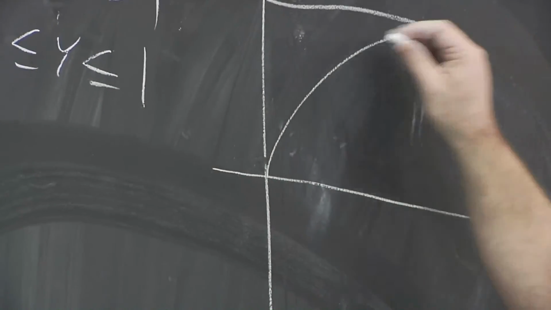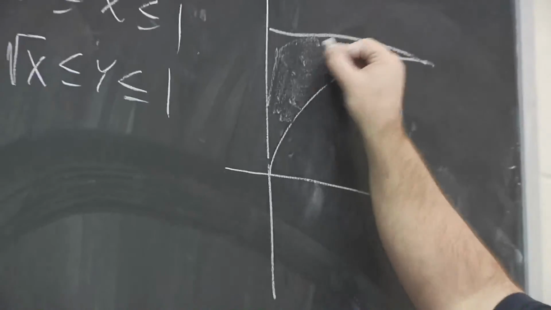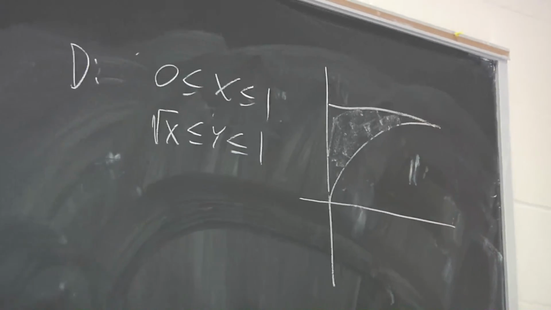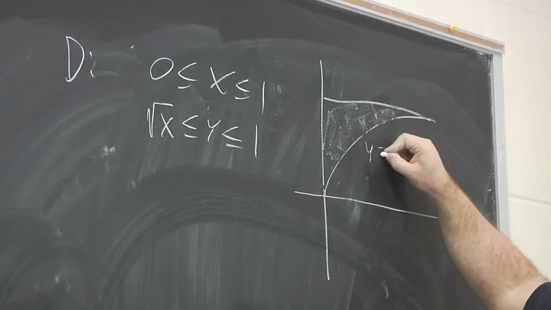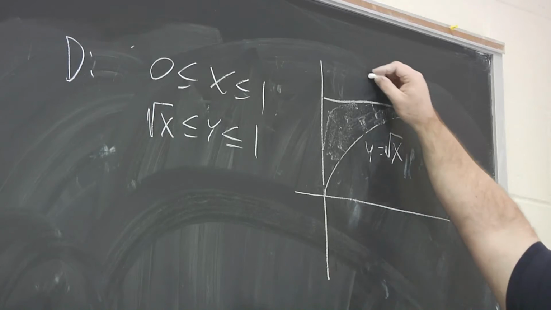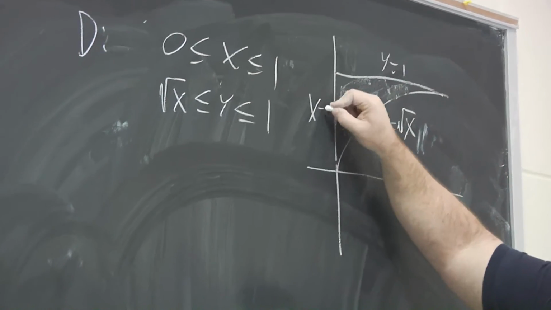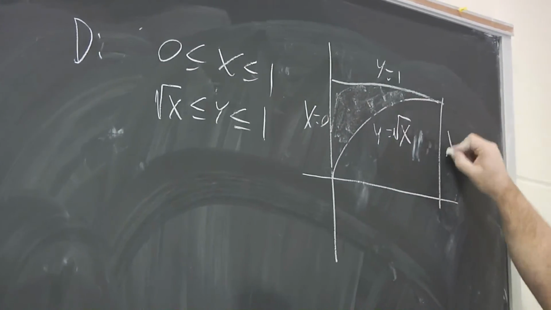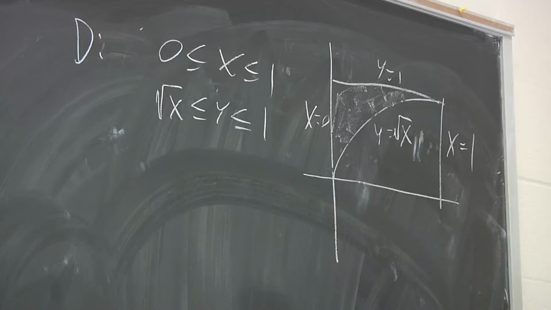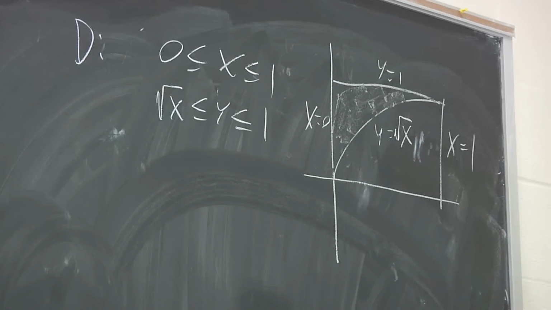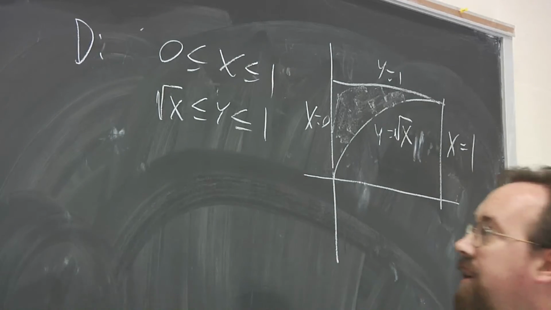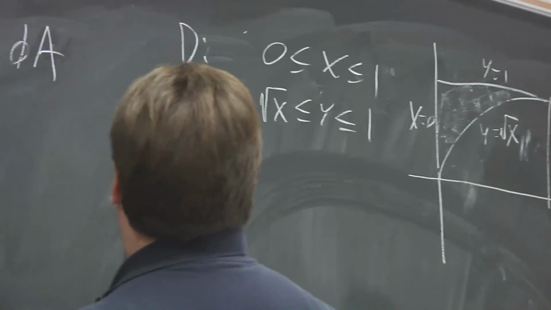So it's this region right here. Okay. So here we have y equals square root of x, y equals 1, x equals 0. Okay, so obviously this is not to scale. x equals 1. All right, so now you can go ahead and try to work this out.